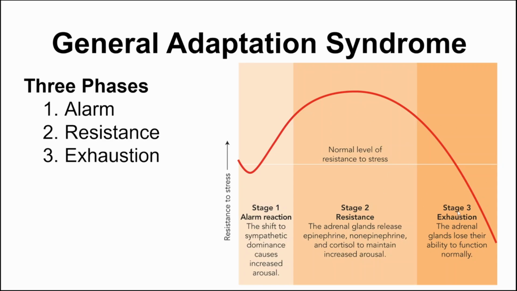And then in our final stage, the exhaustion phase, we're just acknowledging that we only have a set number of resources available to us within our bodies. And while, yes, we've ramped up our fight or flight response and we're prepared to handle the stressor in this period of time, eventually we're going to use up our resources. And our resistance to stress is going to decrease, actually to the point that we end up being more susceptible to stress after we have used up all of our resources.